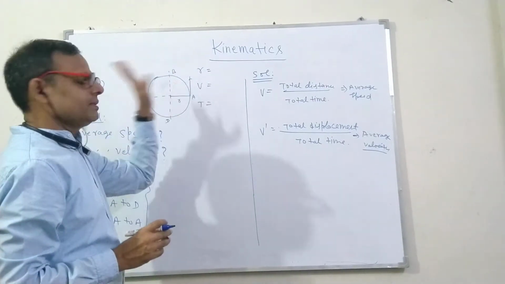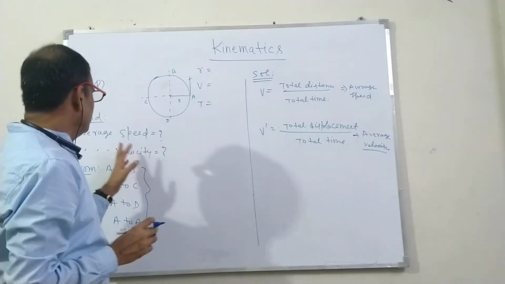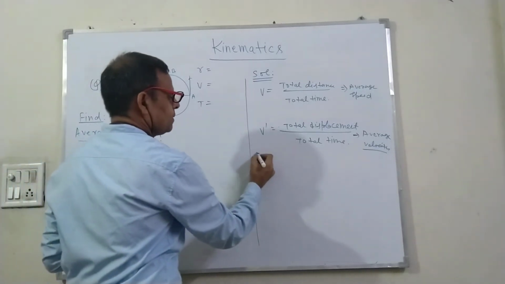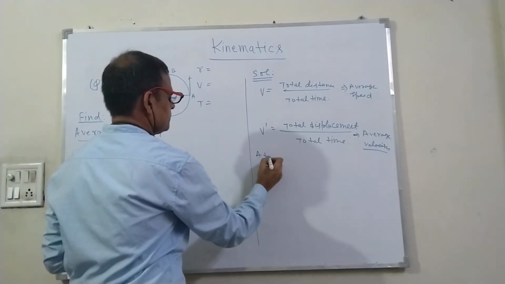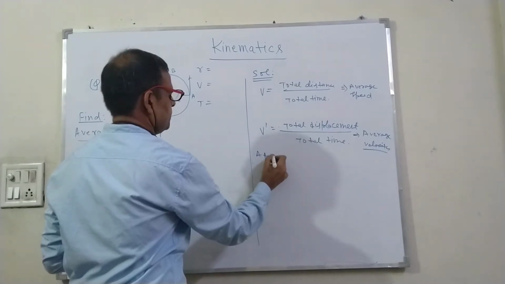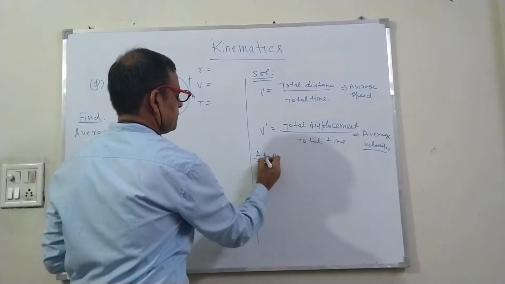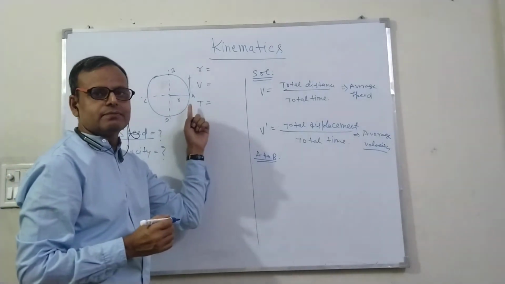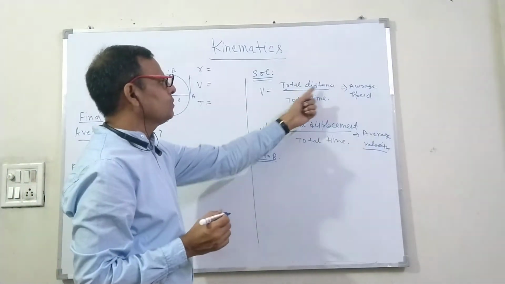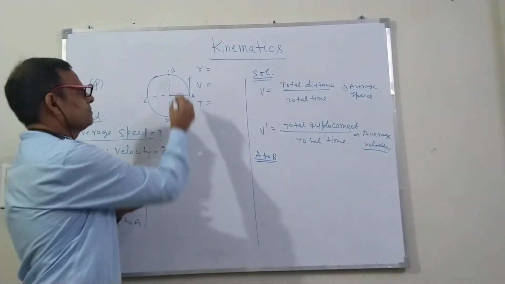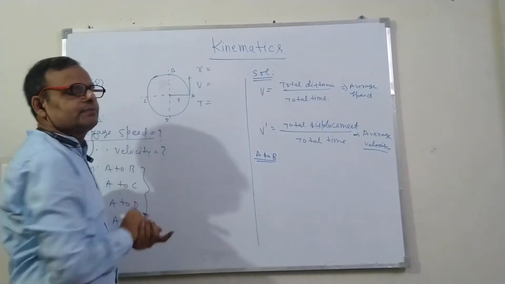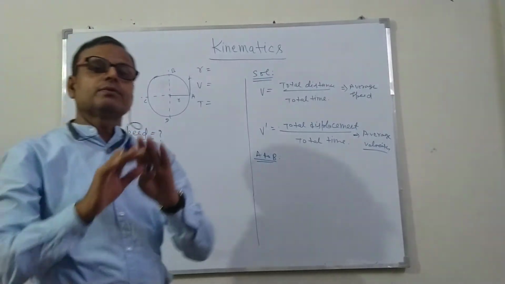From A to B, we want the average speed. For average speed, we have to find the total distance from A to B. And this distance is how much? 1/4 of the total perimeter.